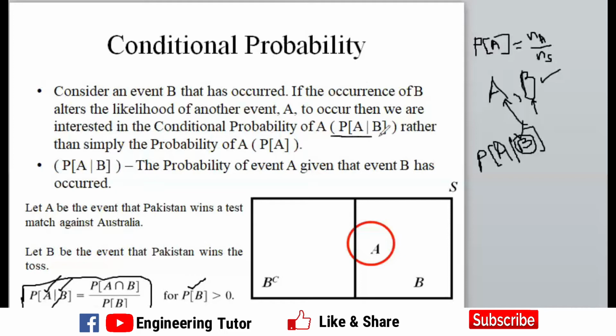You find the probability of A given B rather than simply the probability of A. You will not only find the probability of A, but now the condition is that another event B has occurred which is connected with this one. There are many examples, and we will discuss those examples. These two events are interconnected. That's why you can find not just this probability, but this one.